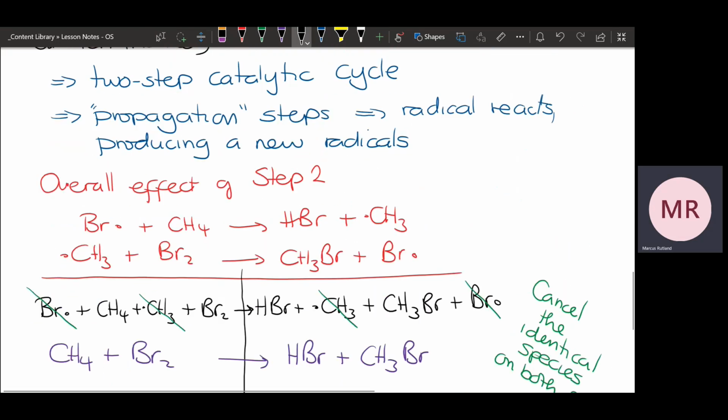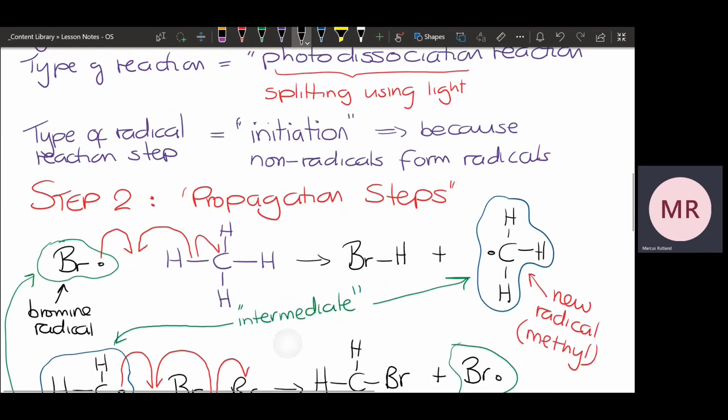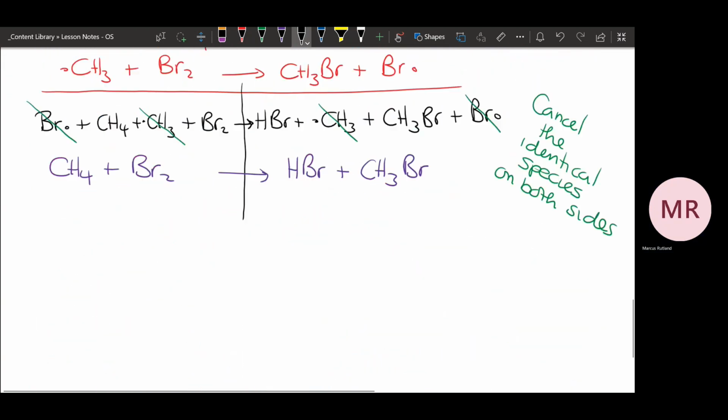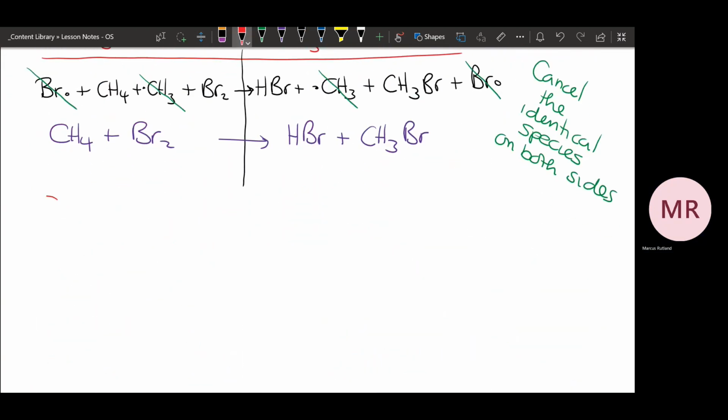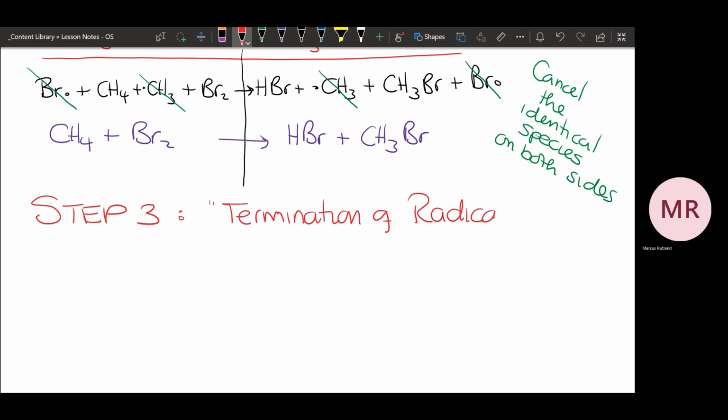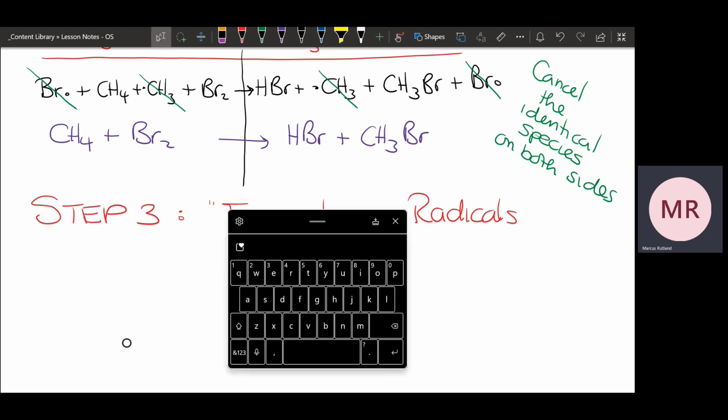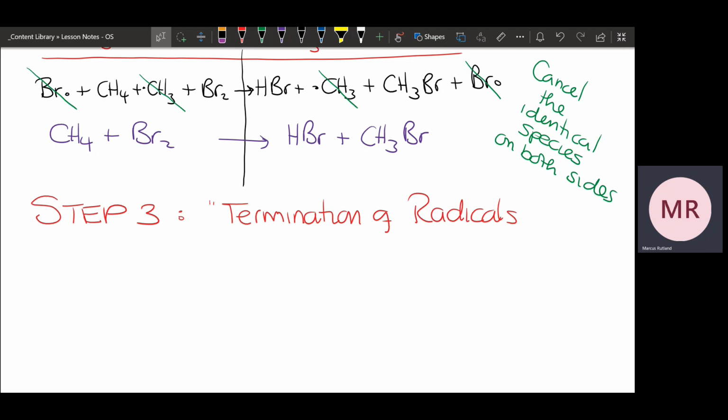Finally, so that was step 2. We need step 3, which is what's called termination of radicals. So step 2 just had that bromine radical being constantly regenerated.